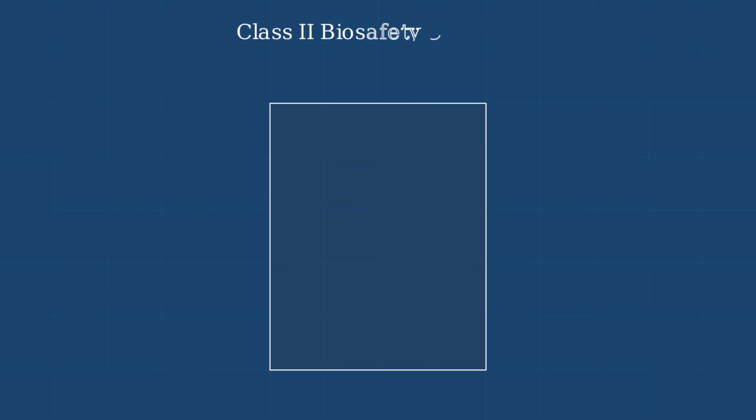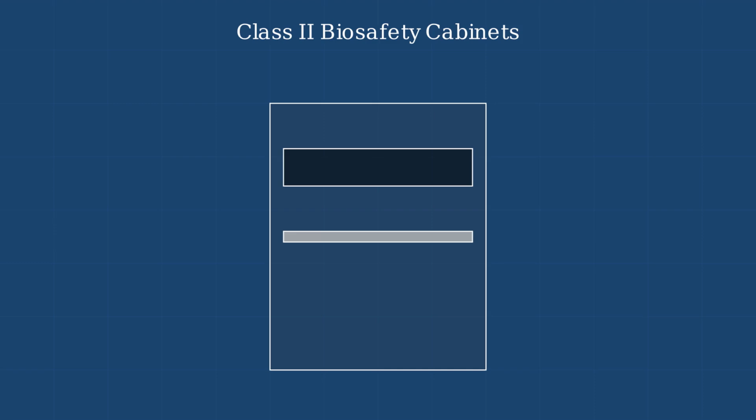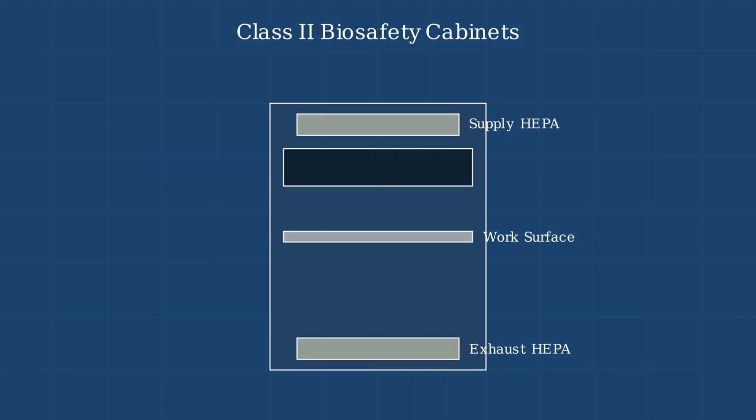Class 2 biosafety cabinets are the most commonly used type in laboratory settings worldwide. These cabinets feature a partially open front design with an inward airflow to protect personnel. A key feature of Class 2 cabinets is the HEPA-filtered downward laminar flow system. The airflow system creates multiple layers of protection. The inward airflow protects personnel from exposure to potentially hazardous materials.